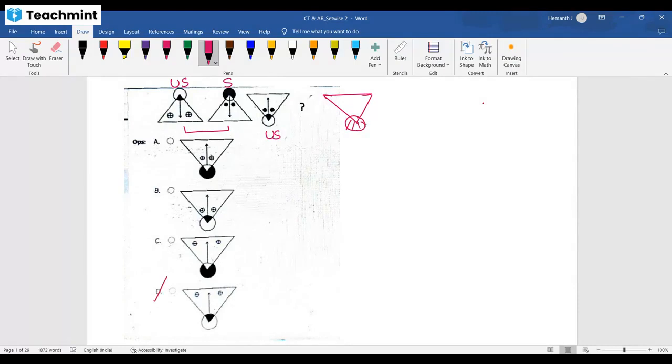So unshaded no, unshaded no, it should be shaded, right? And here below becomes above, you can see now. This one should go above as the plus symbol. Above is correct, not this position. So option C is correct here. For this one, option C.